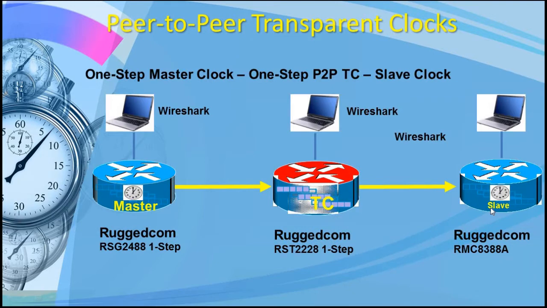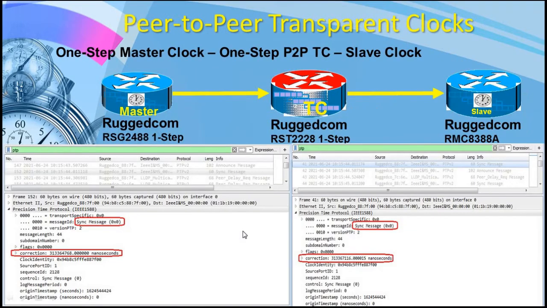We can use the PC to connect to the three devices and do a very short capture to see what the messages look like. This is the sync message, because it's a one-step master.